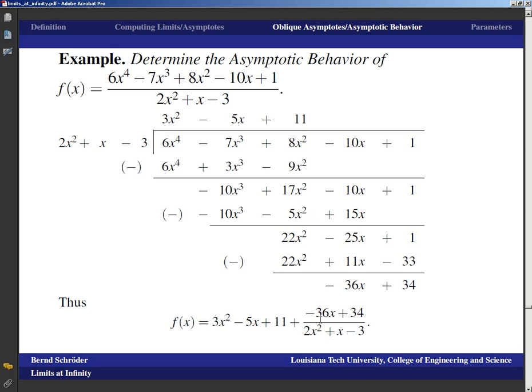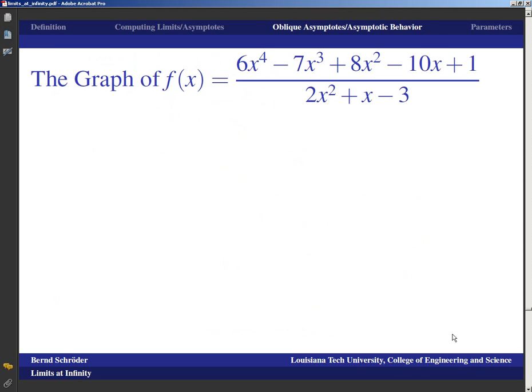And now we can see that this part here goes to 0, because the highest power in the denominator is x squared and the highest power in the numerator is x. That means f is asymptotically equal to this quadratic function 3x squared minus 5x plus 11. And we can also see that in the picture.